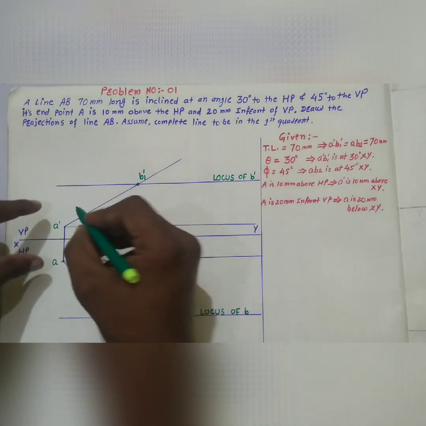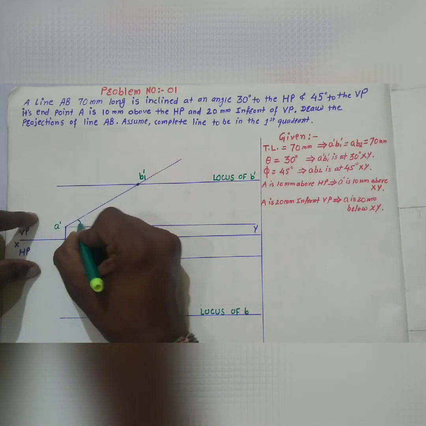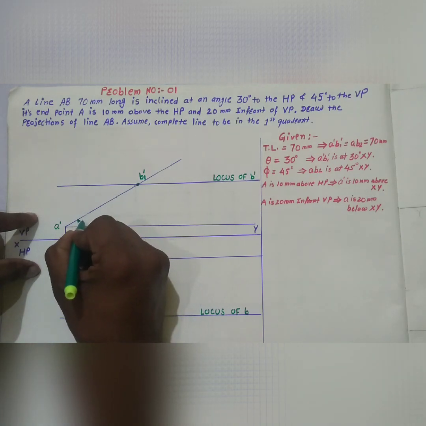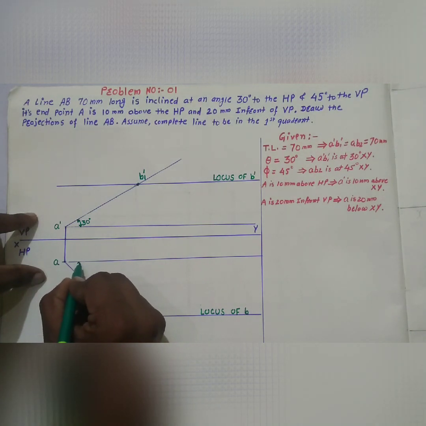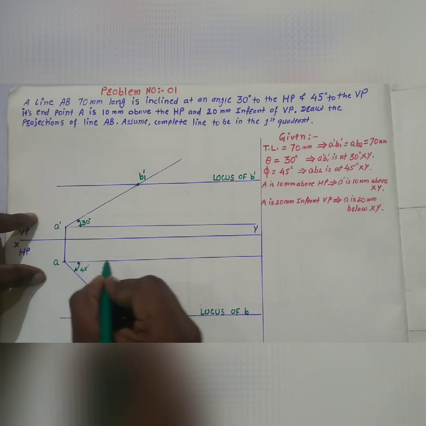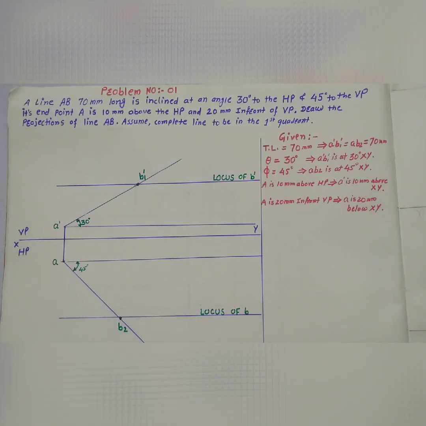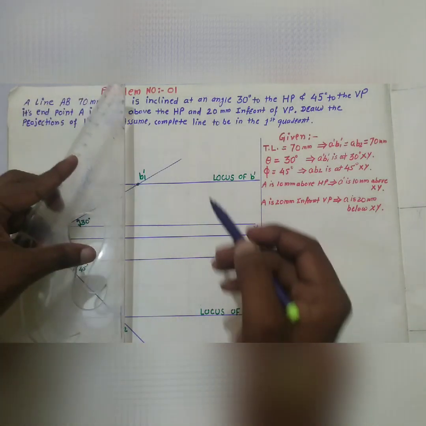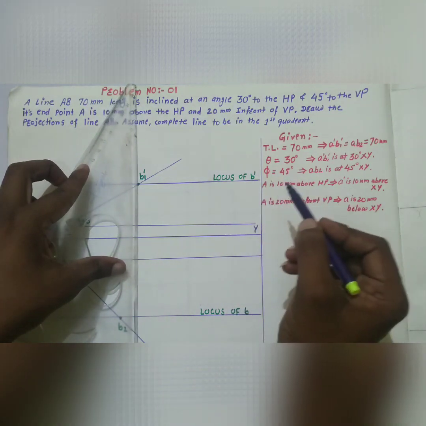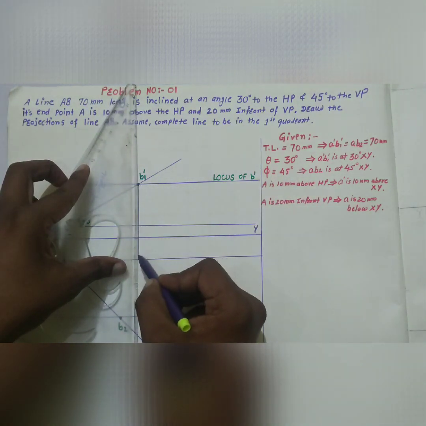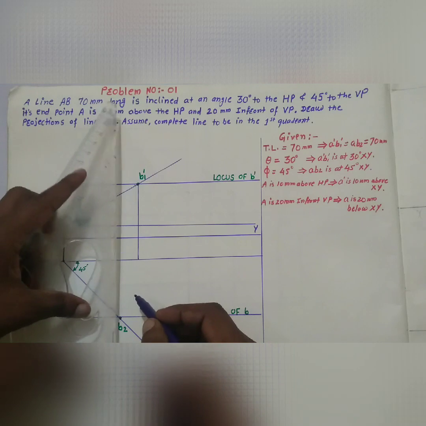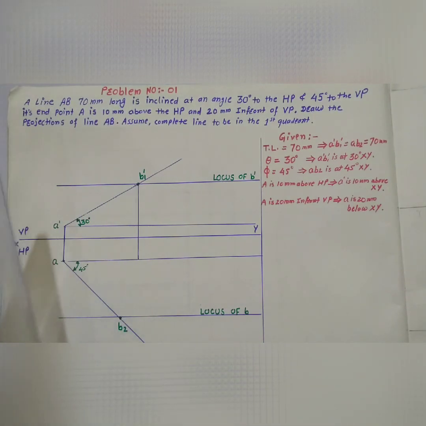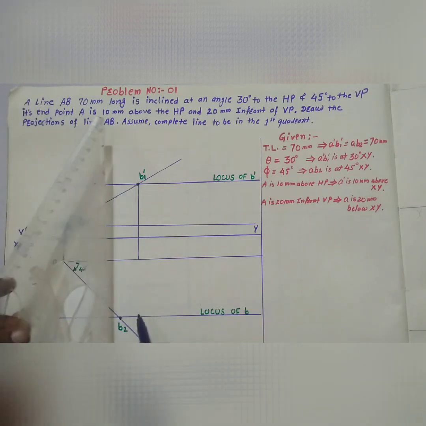After getting the points B1 dash and B2, draw one straight line from B1 dash up to the locus of A, and similarly one straight line from B2 up to the locus of A dash.